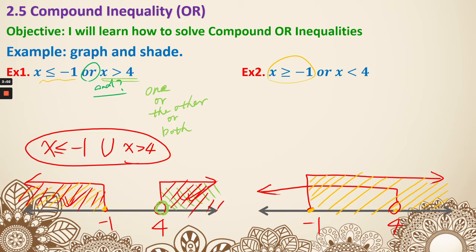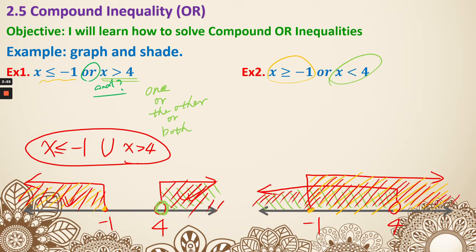Then for the other one is everything to the left of 4. And for our final answer, we are looking for any part that has been shaded. So starting from the left side, shaded, shaded, shaded, still shaded in the middle, still shaded, still shaded, still shaded to the right. Everything is actually shaded, which means the final answer is going to be all real numbers.